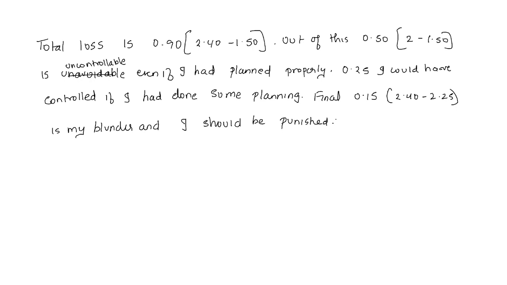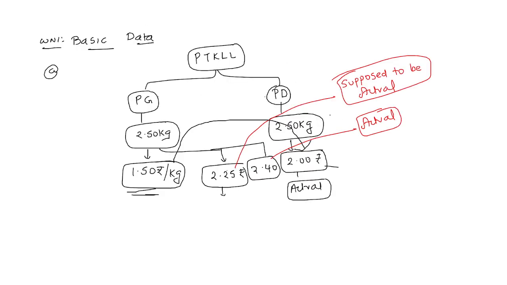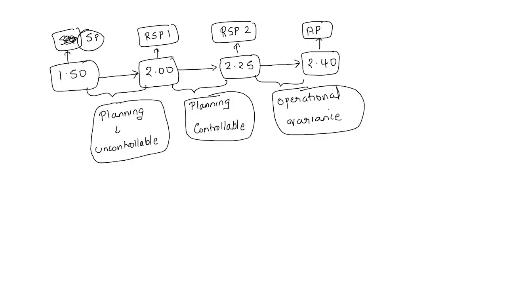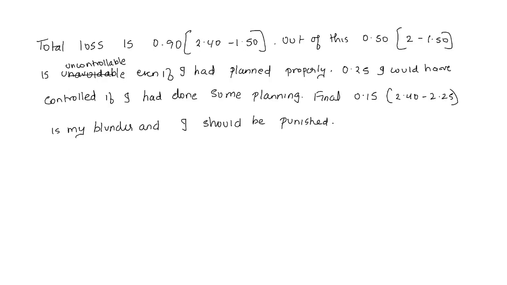Everybody is done writing this. See, Shiv Shankar, had I done the right planning of choosing to go for PD instead of going for PG, I would have paid only 2 rupees. But now I ended up paying 2.25. So that was controllable, right?